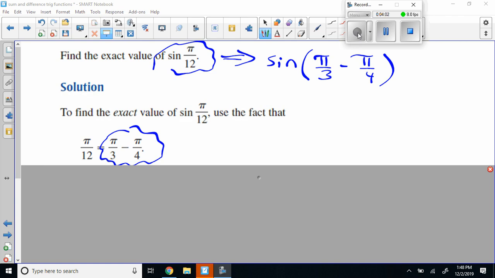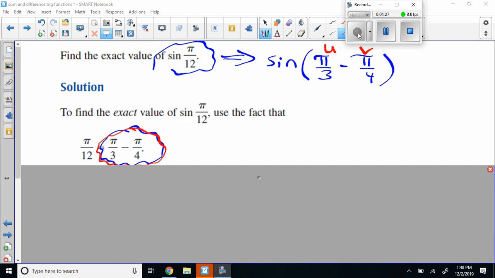Okay? Why is it minus? Because in order to get pi over 12, it's pi over 3 minus pi over 4. So I'm going to give you the two that it needs to be. You're not going to have to go and find those. Fair enough? Now, this becomes your U and this becomes your V.